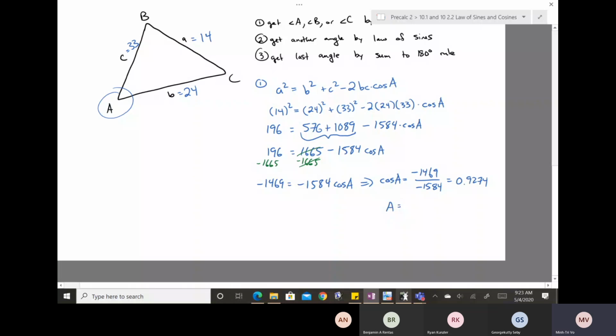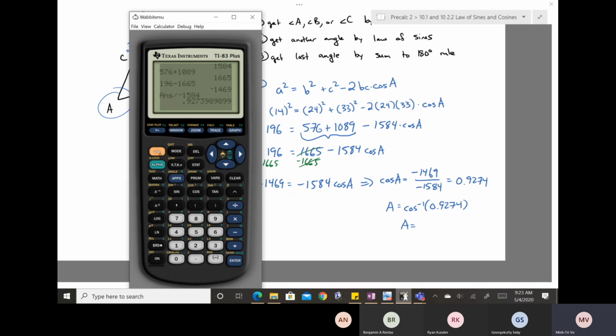All right, so now I have to do the inverse cosine. So what is this? Inverse cosine gives me an angle of about 22 degrees.